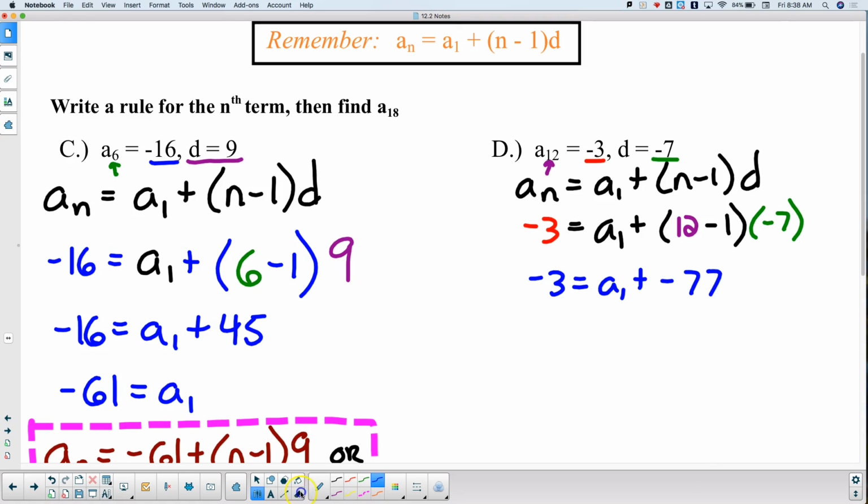So really we could have, let's make this even look prettier, we could have written this as -77. Add 77 to both sides and I get 74 is my first term.